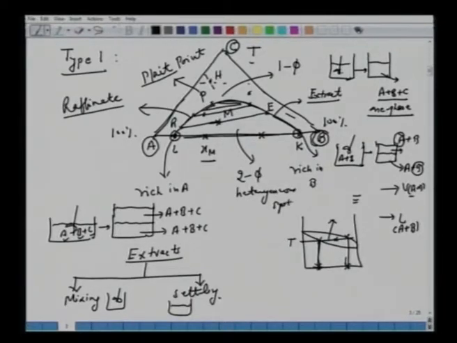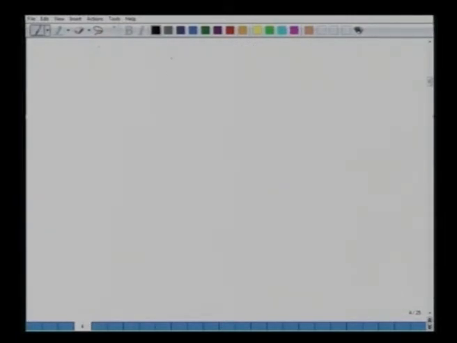Unlike in this range, where we have a one-phase system right here. Even here, if you choose a mixture of A and B, mix them, and allow them to settle, there is no phase separation. Phase separation occurs in this range. That's your solubility curve. If I choose another M here, mix them and allow them to settle, again you will get the same weight fractions R and E. This is very much equivalent to the liquid and vapor diagram which we discussed earlier.